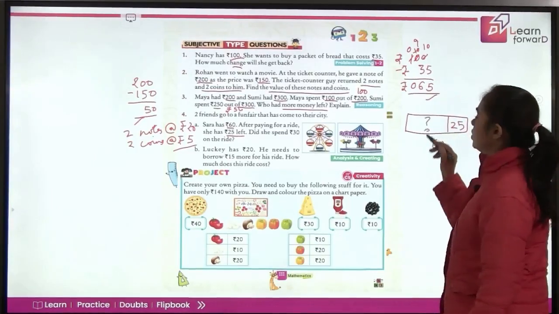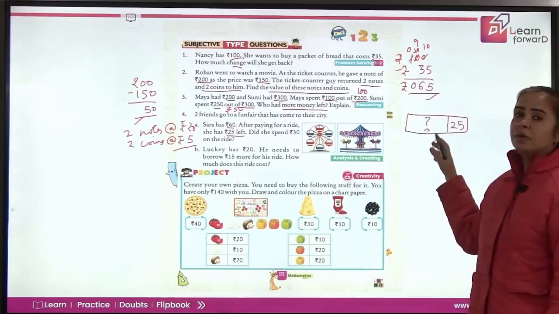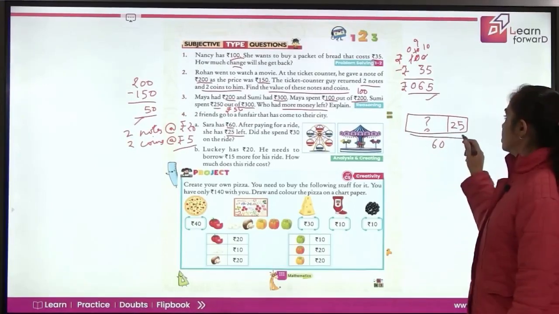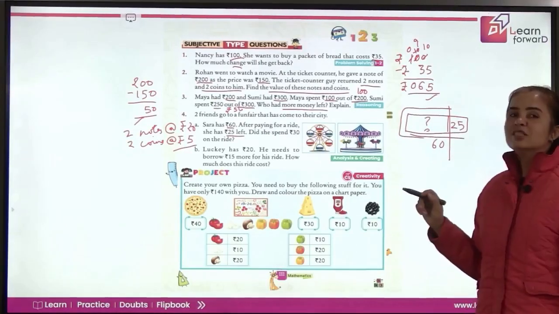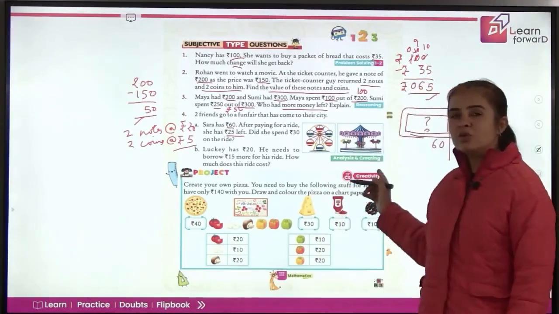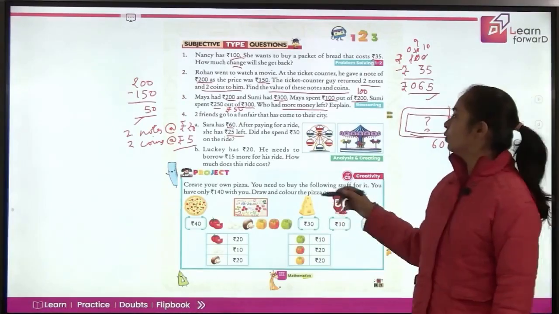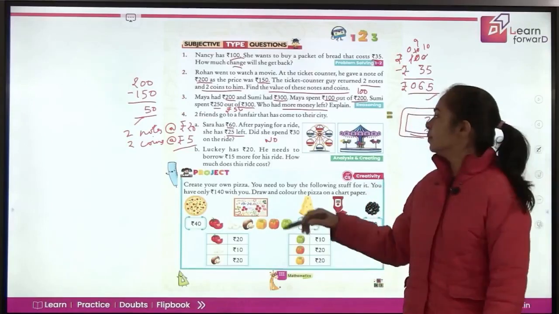So, how much money did she spend on the ride? Out of this, you know this much. Remaining you want to find out. So, for remaining, what do you do? Subtract. So, 60 minus 25, is it 30? No. That means it does not cost 30.